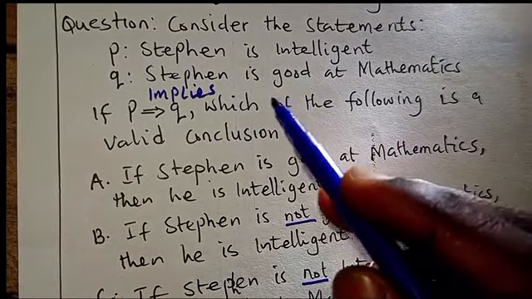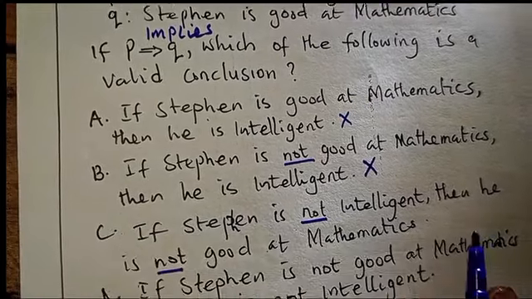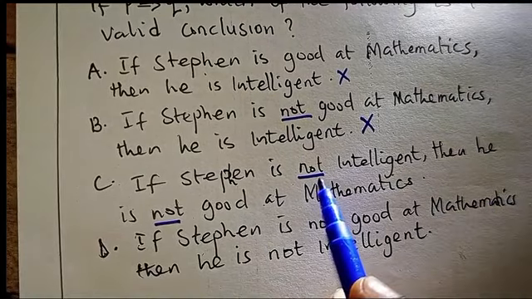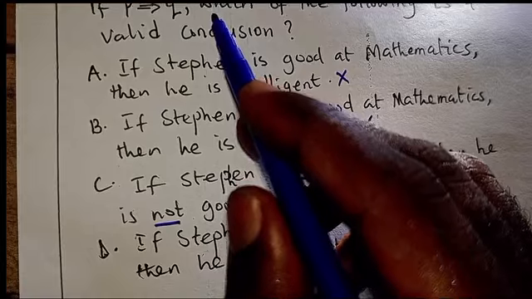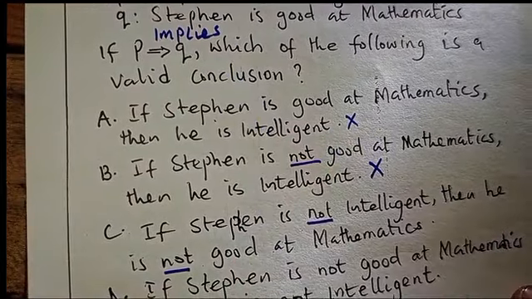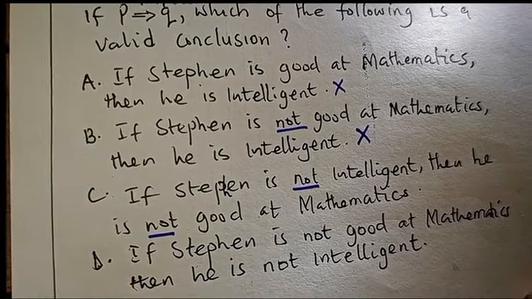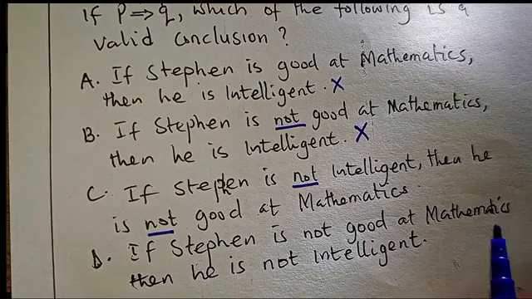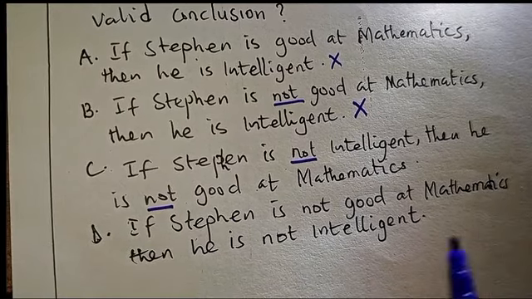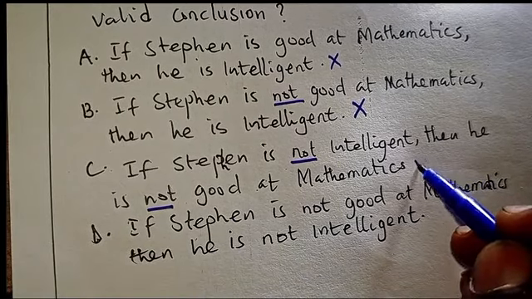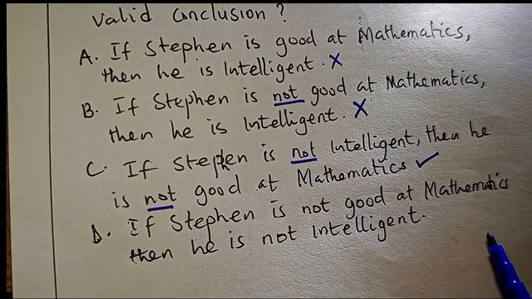So it's like C is trying to negate the statement we have here, but that is just the truth, because if Stephen is not intelligent, then he is not good at mathematics. So this is the solution, okay.